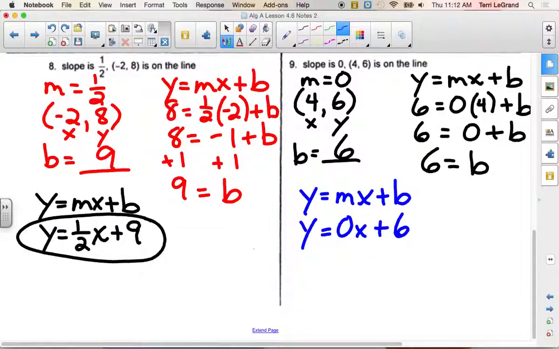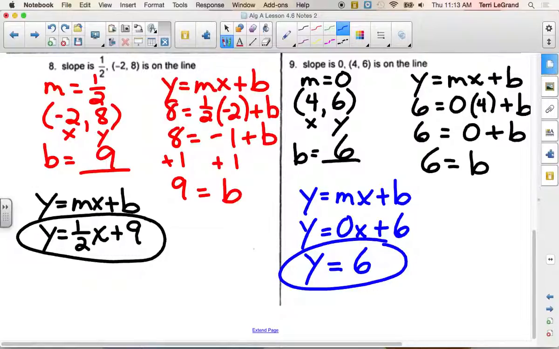What can it be cleaned up to? Y equals 6. We can ditch that 0x because 0 times anything is 0, and 0 plus 6 is 6. So here's our equation.